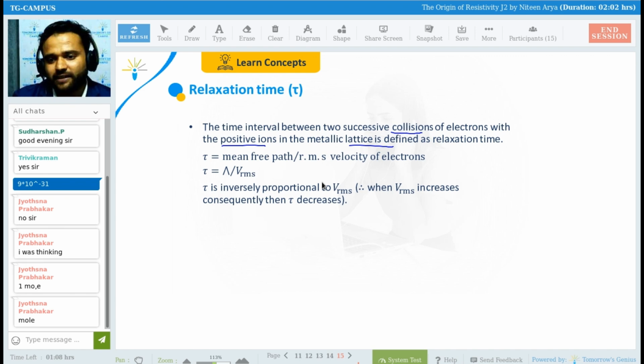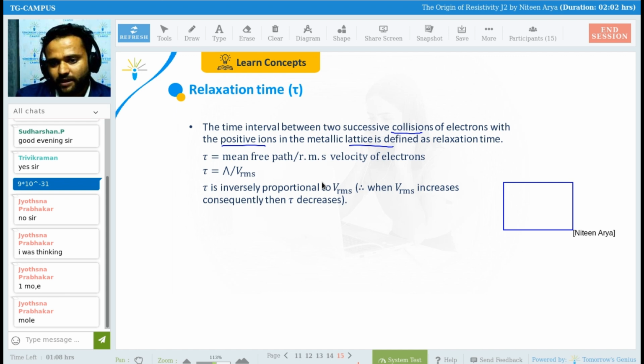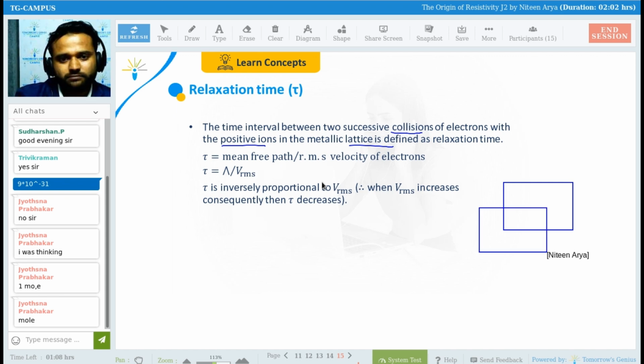But one simple thing I can give you: every solid or any particular structure is made up of something that looks like this. There are three kinds of lattice: simple cubic, body centered, and face centered. In this way we have arranged the electrons. If I'm not wrong, this is simple cubic.